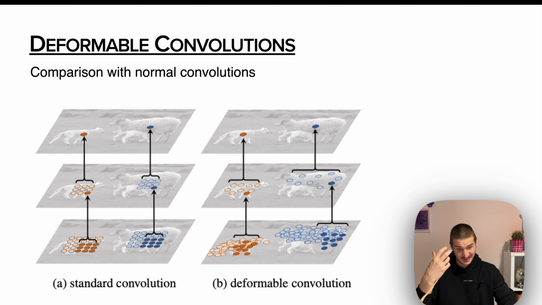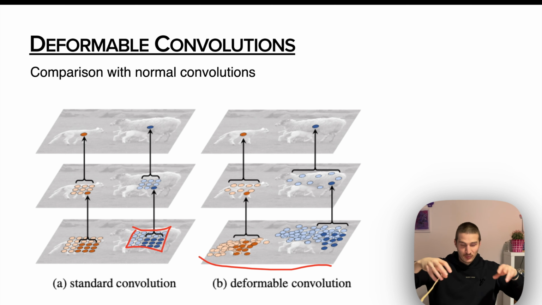But is it the most effective? We can see that for the big sheep, for example, the same number of points is not enough to cover an entire sheep. So what we can do, hopefully, is to modify the points where we look depending on what sort of object we see.